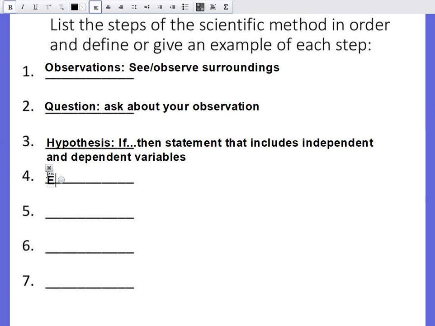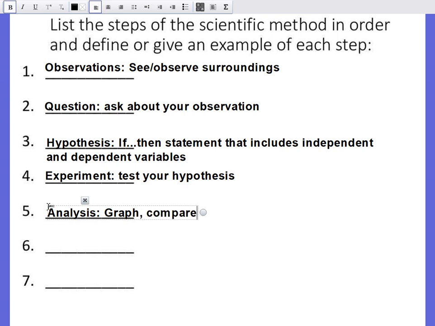Once you form a hypothesis, you can start planning out your experiment, and your experiment will test your hypothesis. After your experiment, you should be collecting data, and you're going to conduct an analysis of that data. So you're going to make a graph, either a bar graph or a line graph, and use this to compare and contrast data.